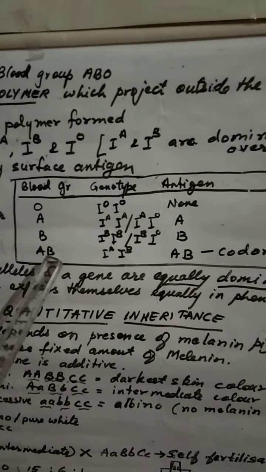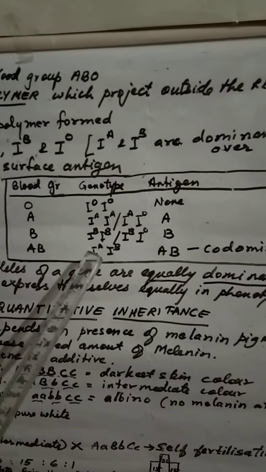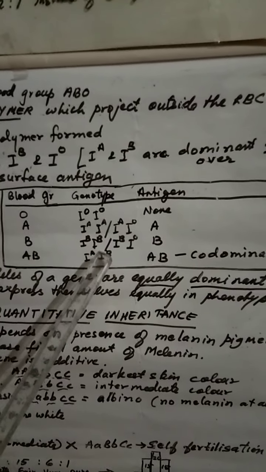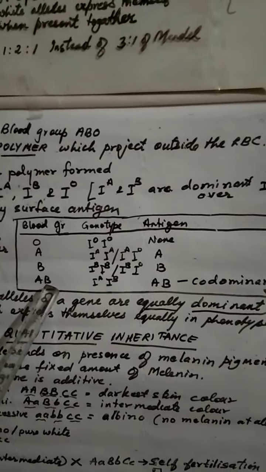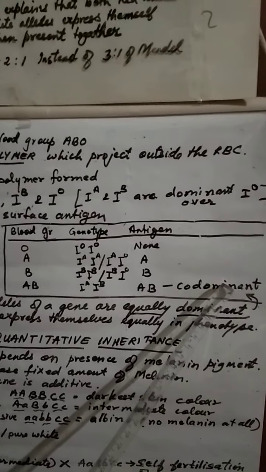But in the case of the AB blood group, the genotype is IA and IB both. This shows that antigen A is present and antigen B is also present. That means when both antigens are present, only then can the blood group be AB. This is called codominance. Why?